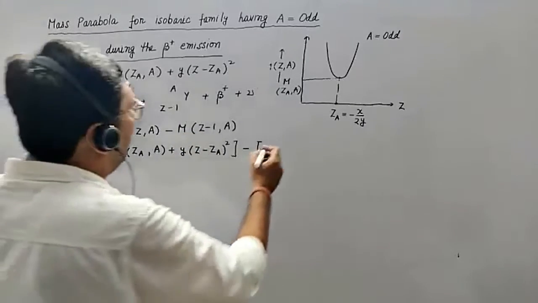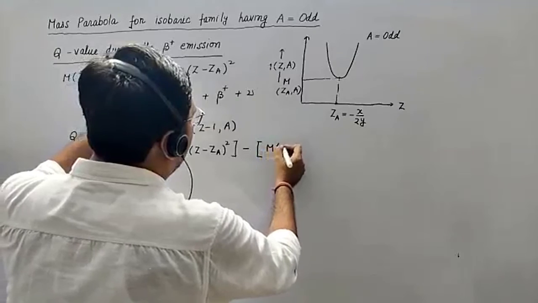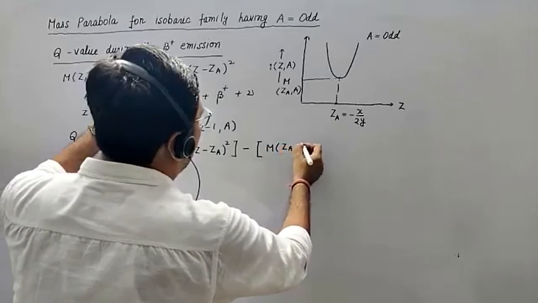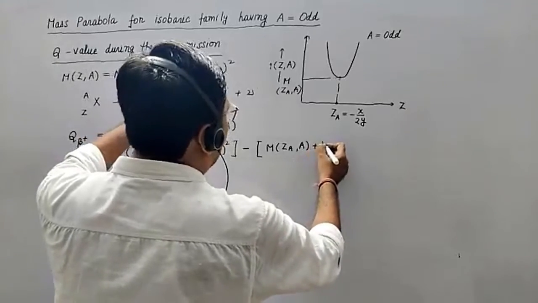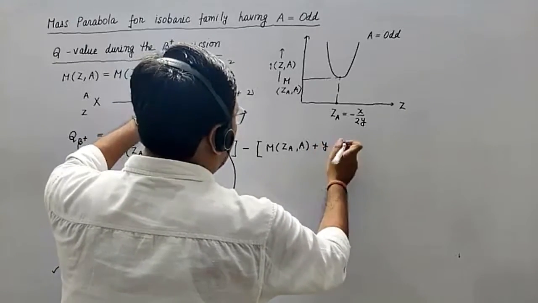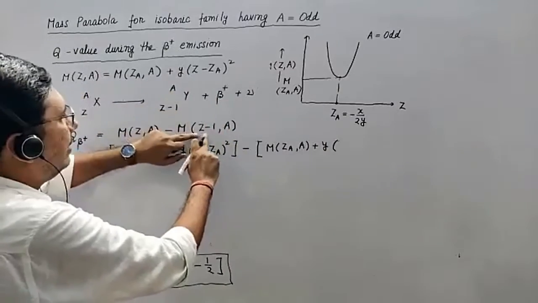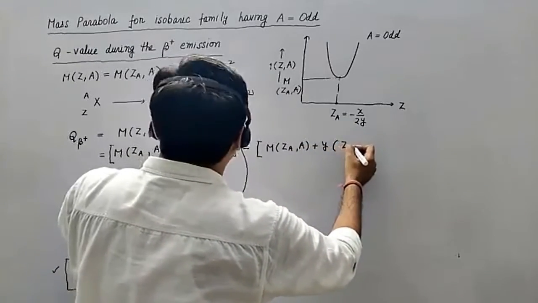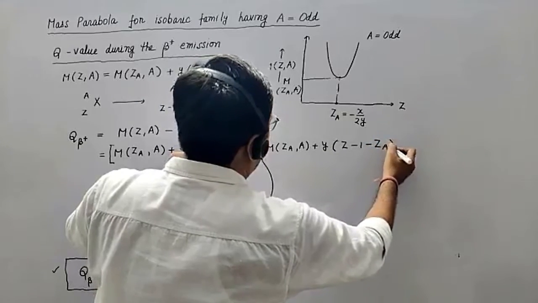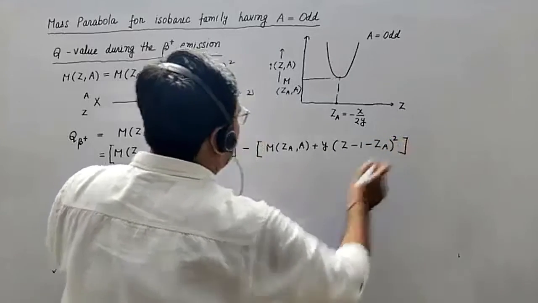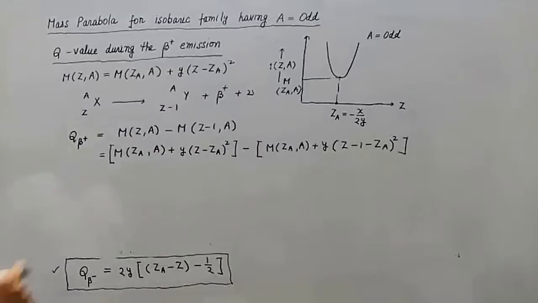So use this formula, it will become M(Z,A) plus Y, and here this Z will be replaced by Z minus 1, so this will be (Z minus 1 minus ZA), and this will be whole square like this.